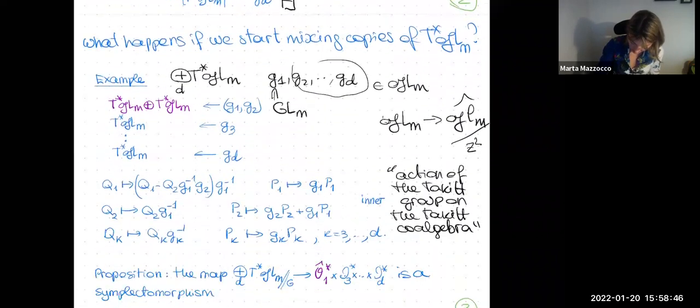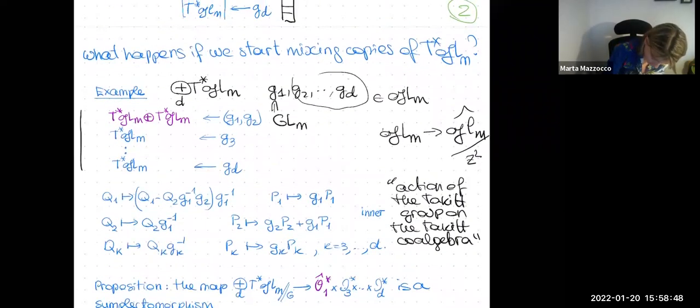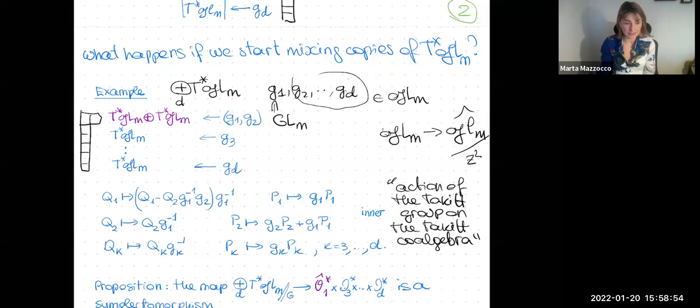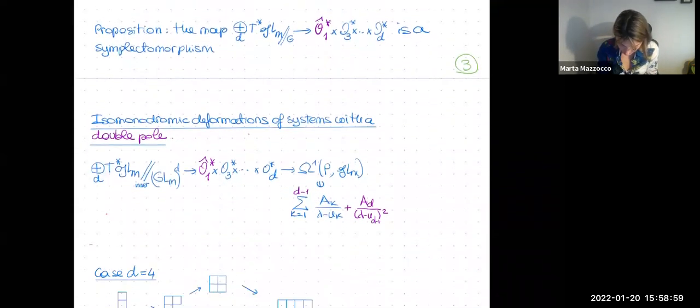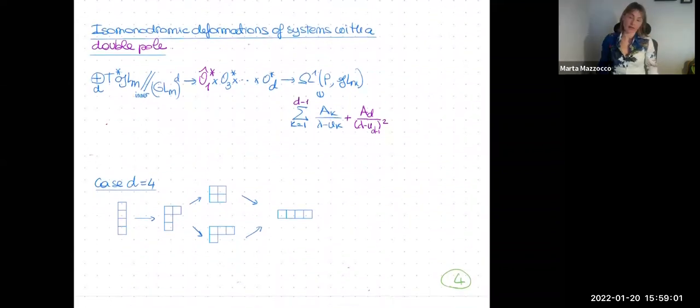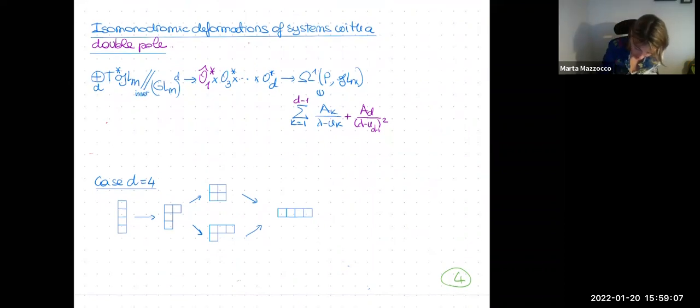In this example I've given here, our Young tableau again has D boxes, but the first two are on the same line. And the point is that now we have reduced our universal phase space by changing the way in which the group acts.